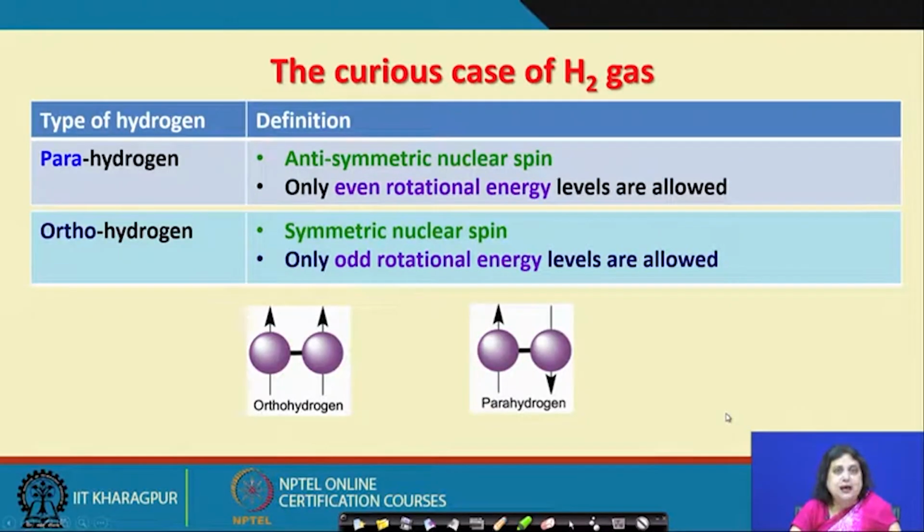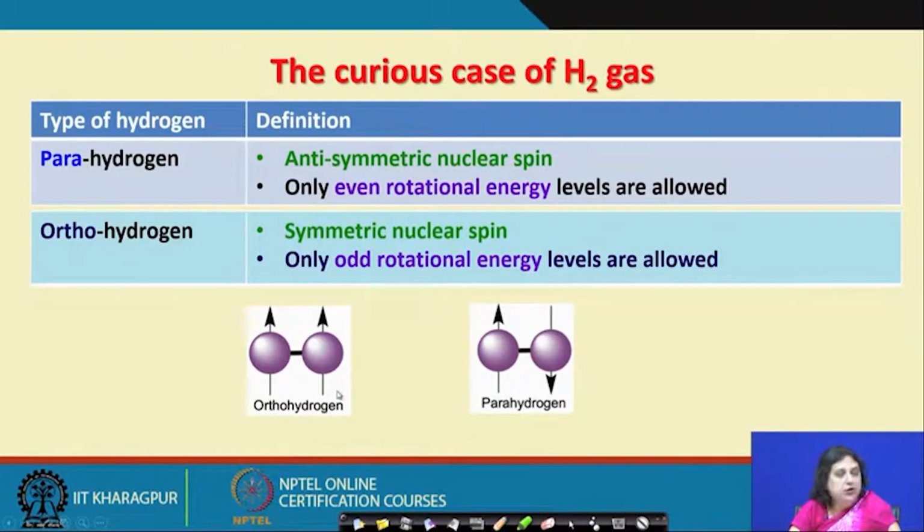And so, this is a schematic representation, where for para-hydrogen, all I am trying to say is that if one nucleus is associated with some alpha as a nuclear spin function, and the other one is having beta, then it is the antisymmetric combination of these two nuclear spin functions, alpha beta minus beta alpha divided by root 2, that represents the nuclear wave function for para-hydrogen.